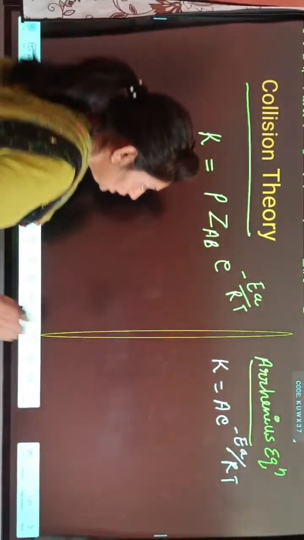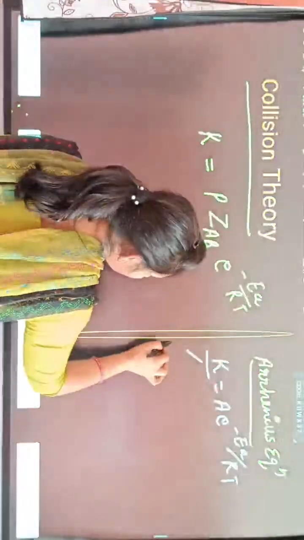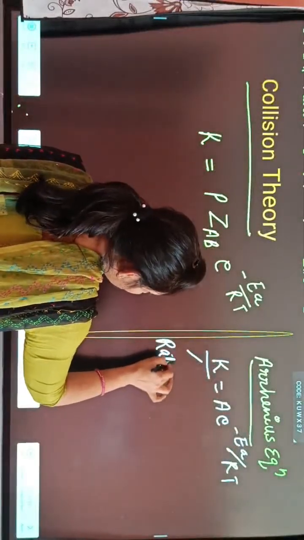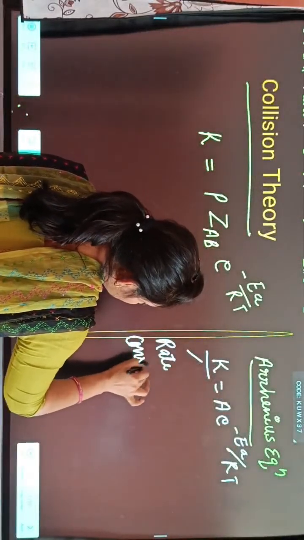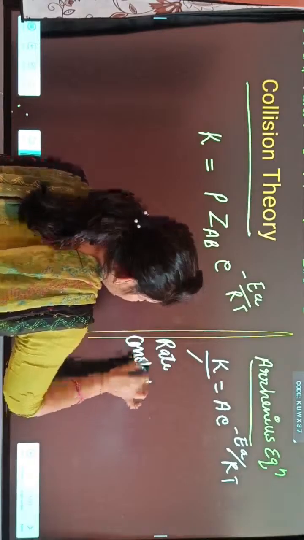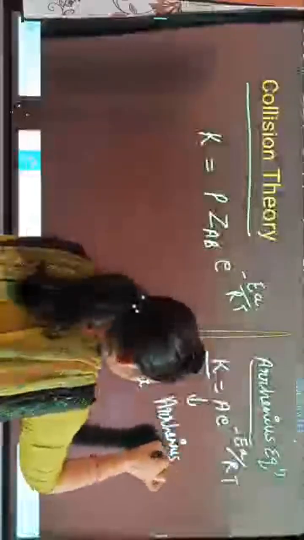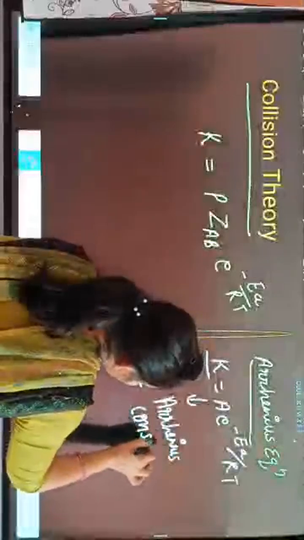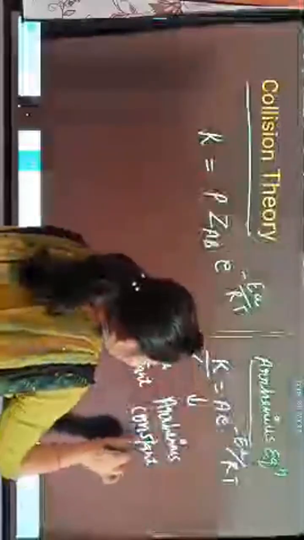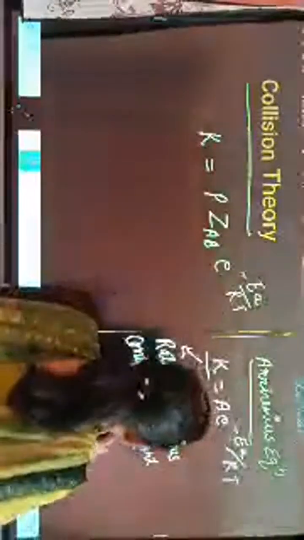Here in Arrhenius theory, this k was the rate constant, I hope you all know. And this A is the Arrhenius constant, the exponential constant, or we can say the probability factor also.